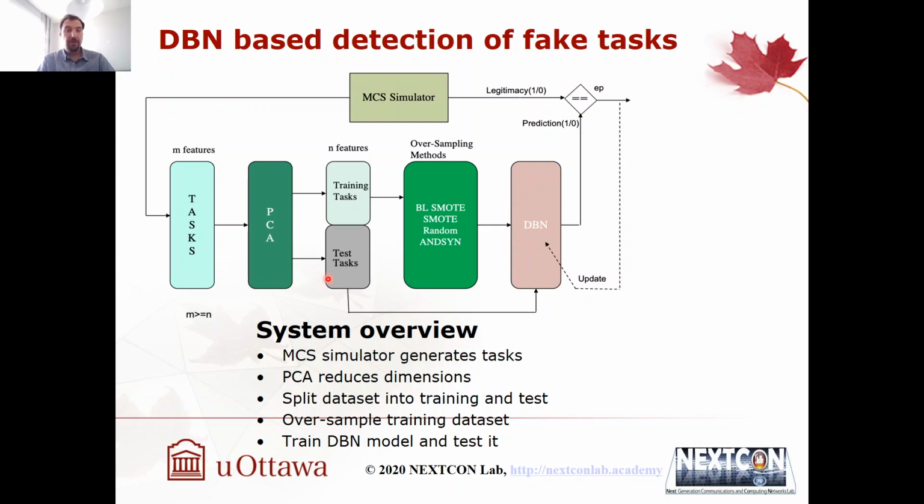And of course, our test tasks are fed into the trained deep leaf network, and the result is compared to the actual labels of these tasks that are previously known by our mobile crowdsensing simulator. So based on the results, we also introduce updates to our deep leaf network.